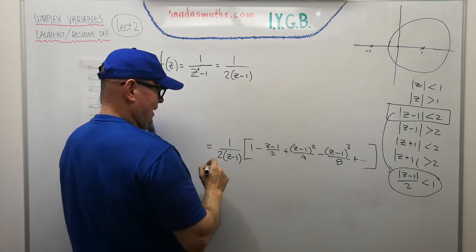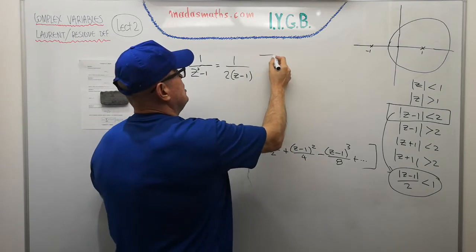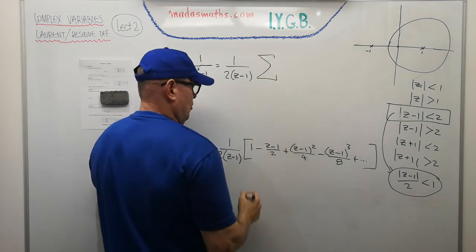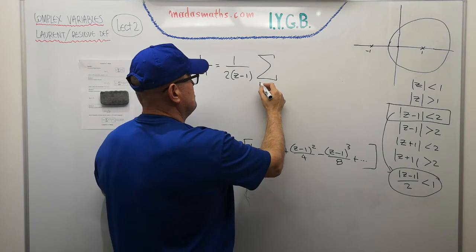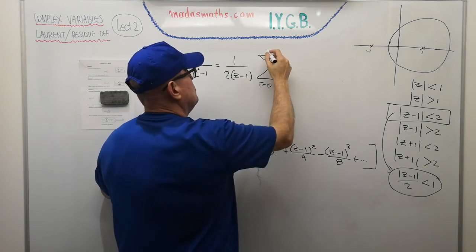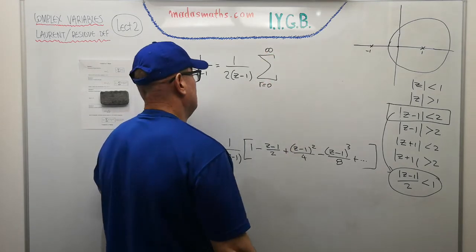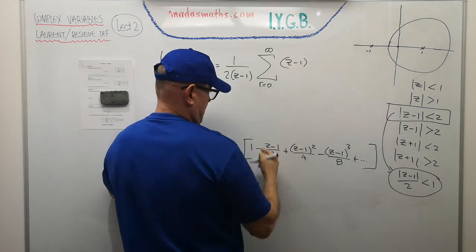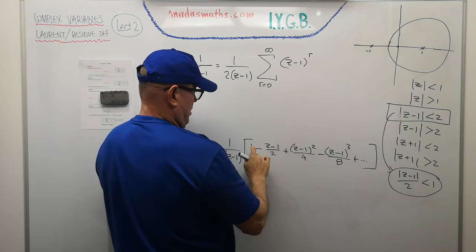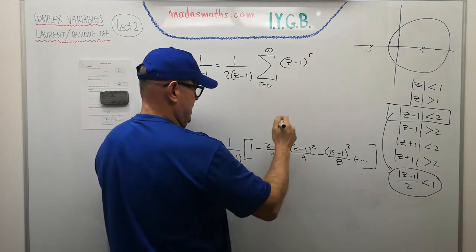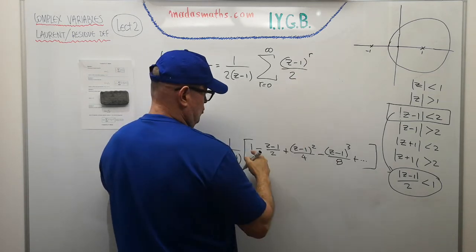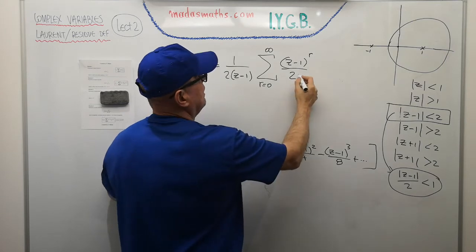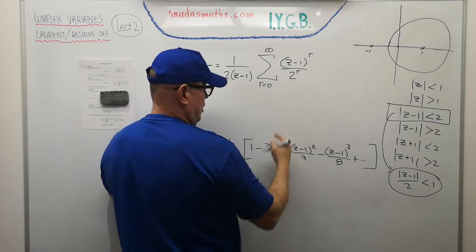It's no problem. So this is in sigma notation. So this is going to be, let's run it from 0 again, to infinity. And what powers do we have? We have a z minus 1 on the top, and this will run to the r, so this will give me a 1, and the 2's at the bottom, 2 to the 0, 2 to the 1, so it's going to be 2 to the r.